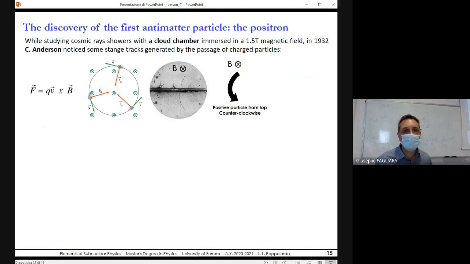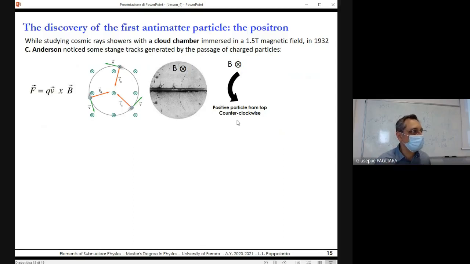So the question is, how can we interpret this kind of track here? There were more than one. This is just an example. This is compatible with, for instance, a positive particle from the top to the bottom, which moves in a counterclockwise direction. Given the direction of the magnetic field, you can interpret this track as due to a positive particle coming from the top to the bottom.